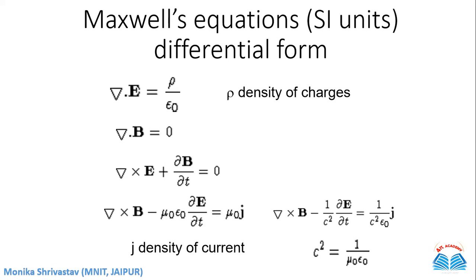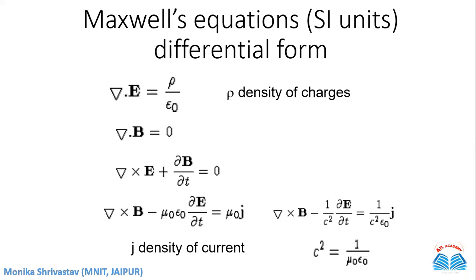All the terminologies we will use here are in SI units, System International units. So the first one is del dot E equals rho upon epsilon naught, where rho is the density of charges. Del dot B equals 0. Del cross E plus del B over del t equals 0.